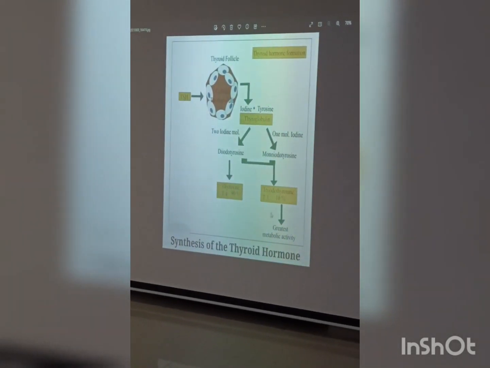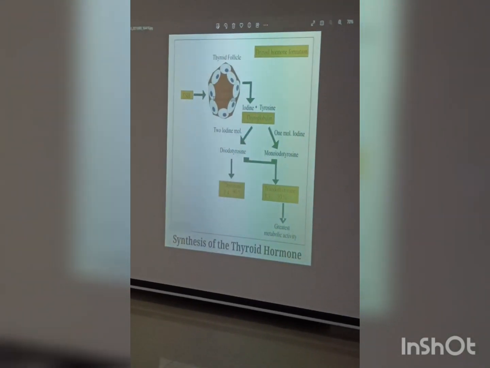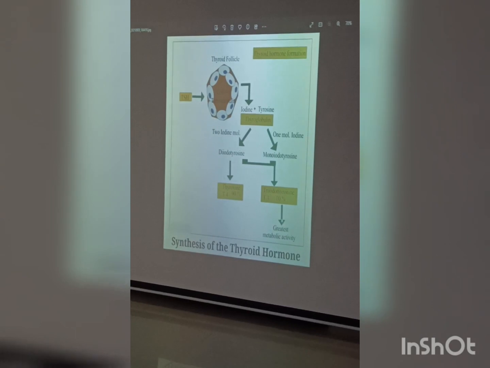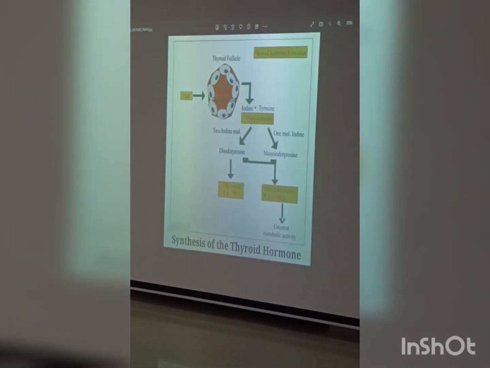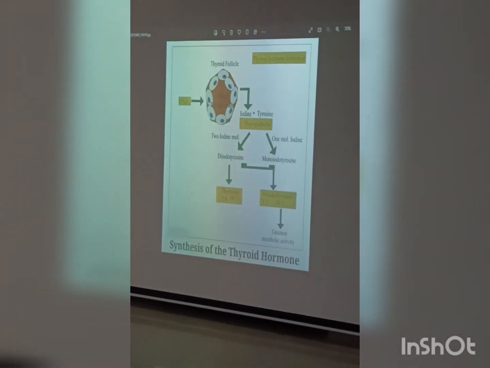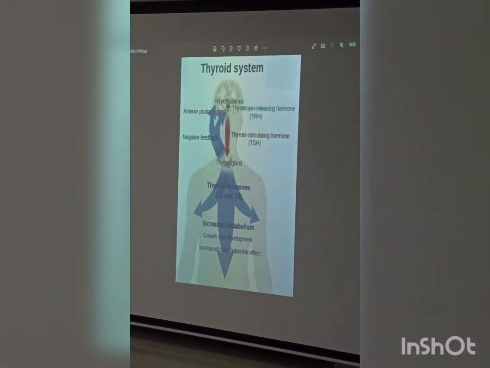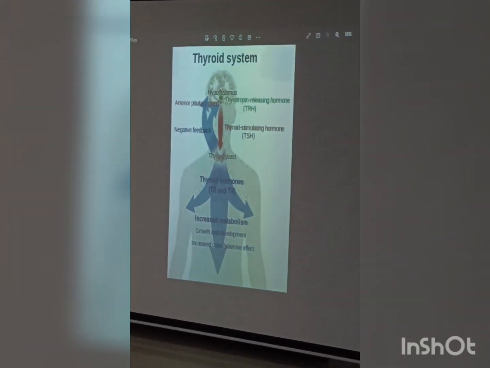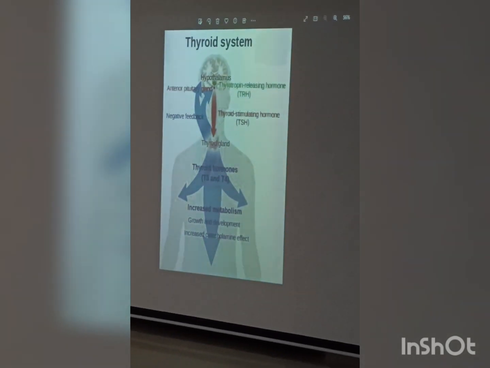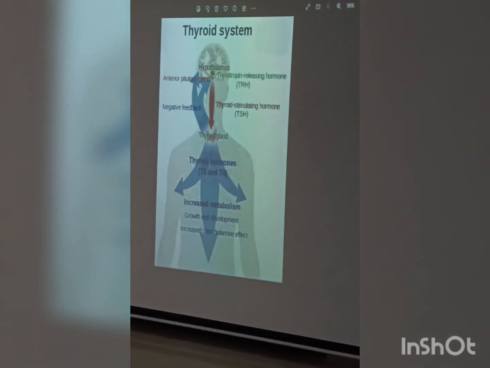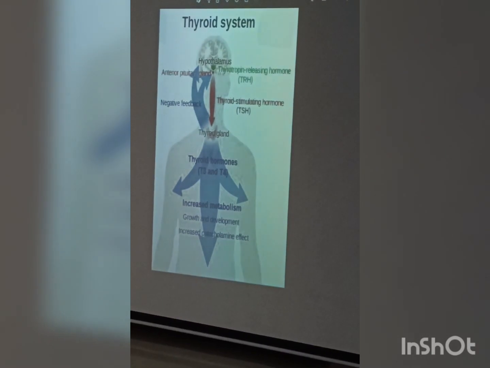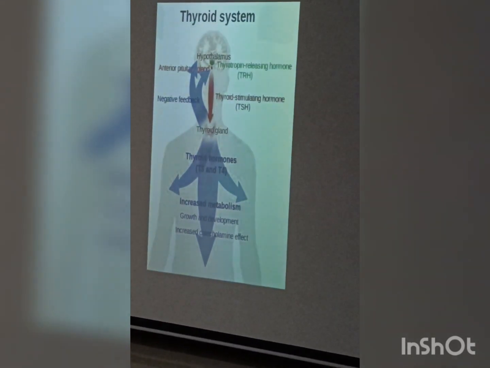When you get these two, they have greater metabolic activity that is required for growth, for our nervous system, and for all the mechanisms running in our body. Again, just to make you recall, never forget the hypothalamus on the top, then the pituitary, and how they send signals reaching the target organ, which right now is the thyroid, right?